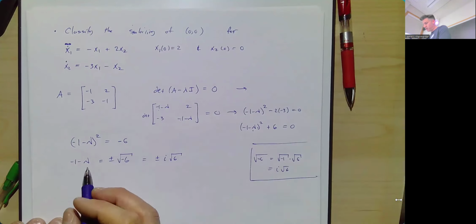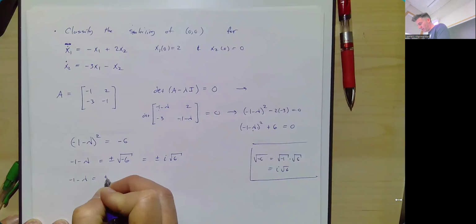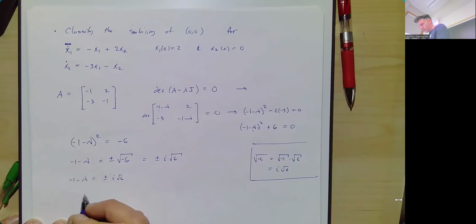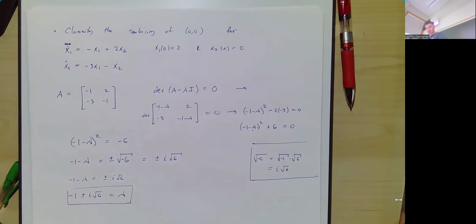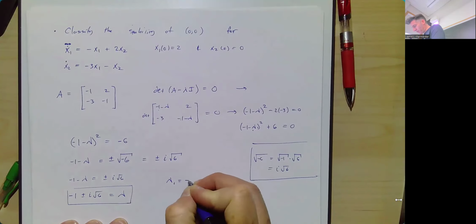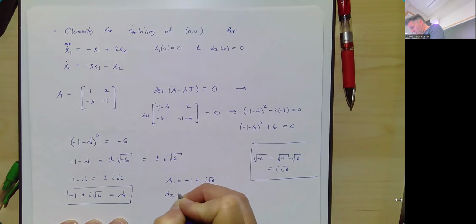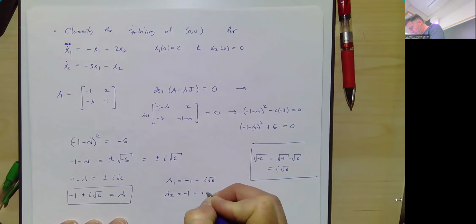And then finally, solving for lambda, if negative 1 minus lambda equals plus or minus i root 6, then negative 1 plus or minus i root 6 is equal to lambda. So my eigenvalues are lambda 1 equal to negative 1 plus i root 6, and lambda 2 equal to negative 1 minus i root 6.